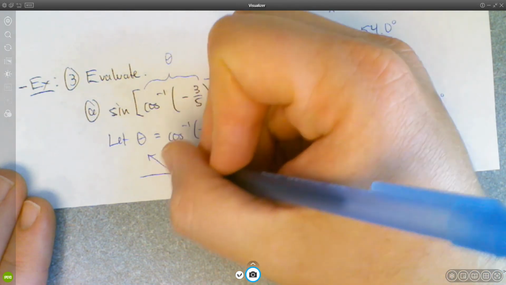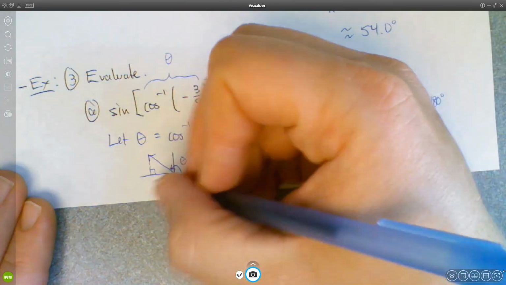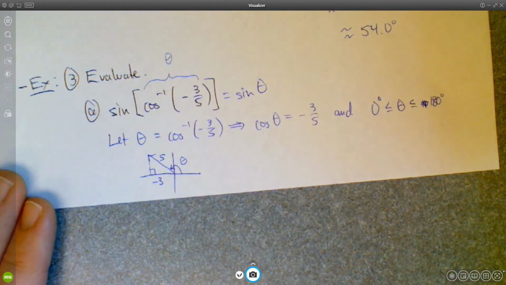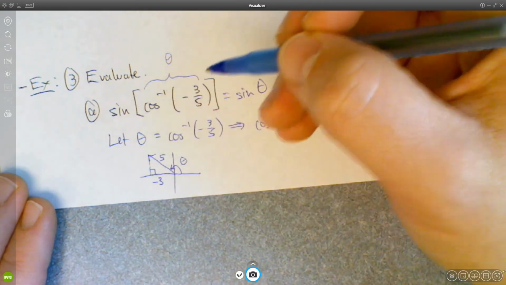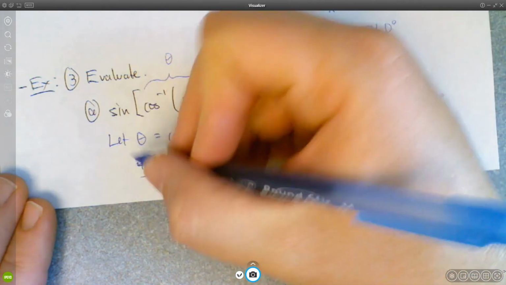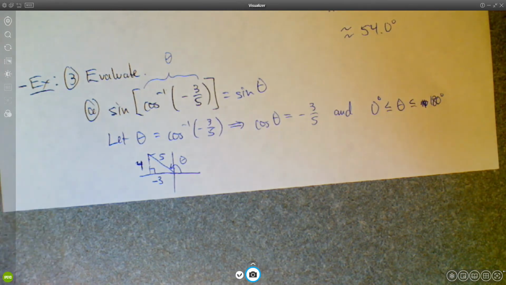Okay, so there's theta, and cosine theta is adjacent over hypotenuse, -3/5. Now we can solve for the missing side. This is a 3, 4, 5 triangle. You can use the Pythagorean theorem to get the 4, but I just know from experience that's going to be a 4.